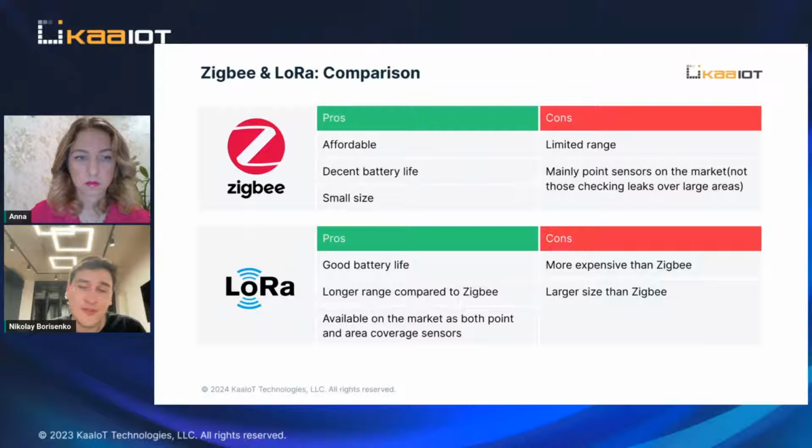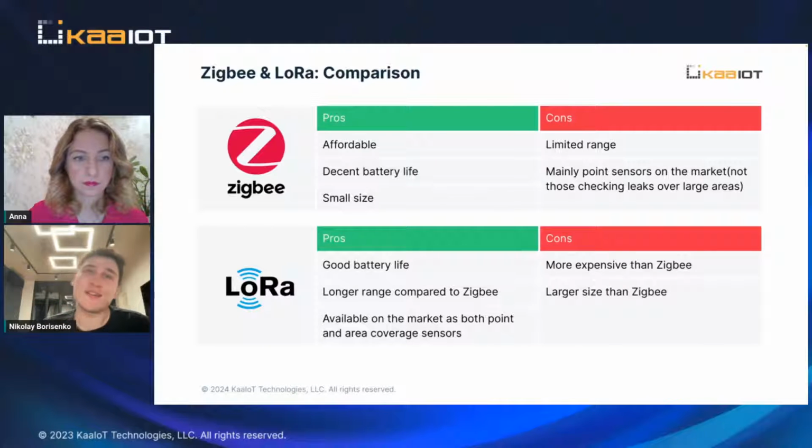The devices have pretty good battery life. Some devices can work more than 5 years. Of course, we didn't get such results, but the installations which we did 2 years ago are still running with 80% of battery.